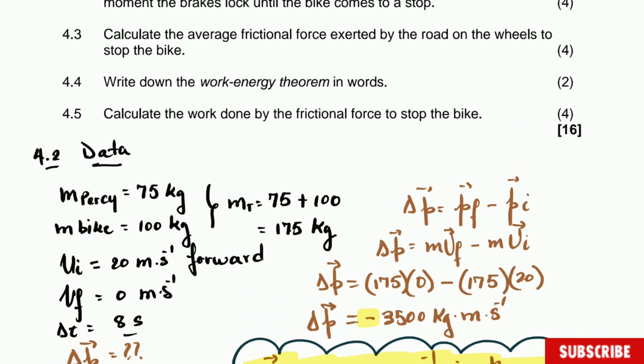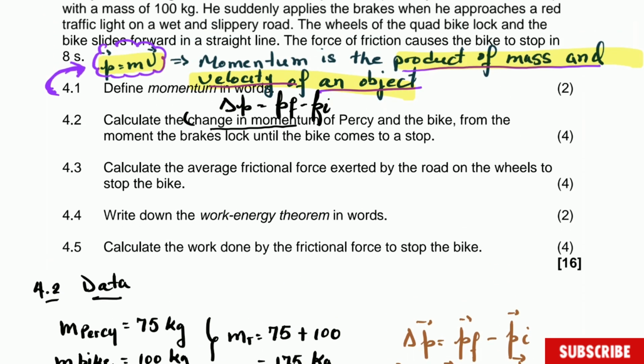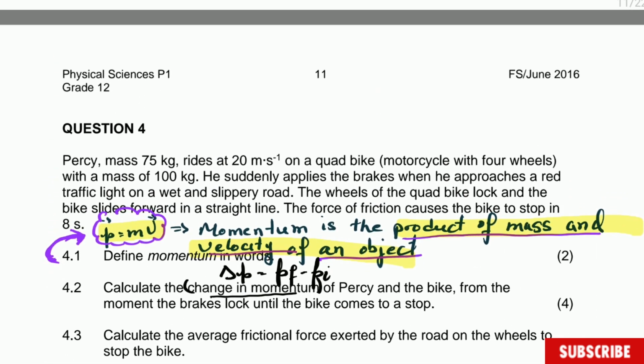4.3 says calculate the average frictional force exerted by the road on the wheels to stop the bike. And if we go here on top, I want to do it on top because of the space, and we draw the free body diagram. I just want you to do this one real fast. Let's say this is the forward direction and this is the y-axis, and then what forces are acting on that bike as the bike is stopping.